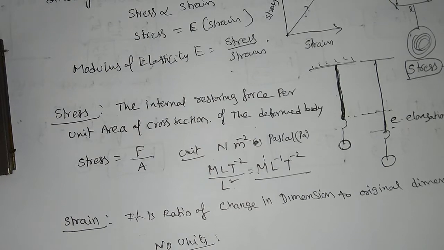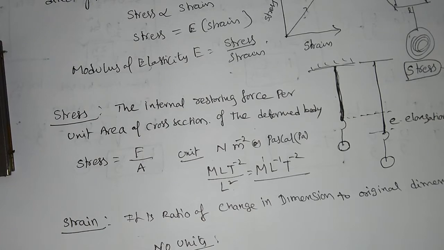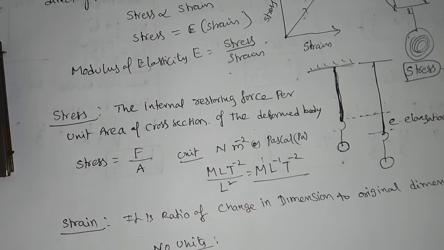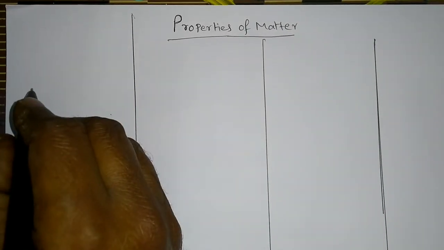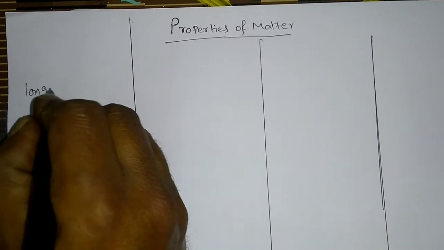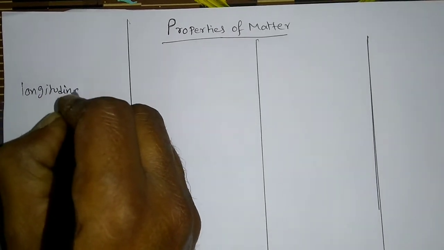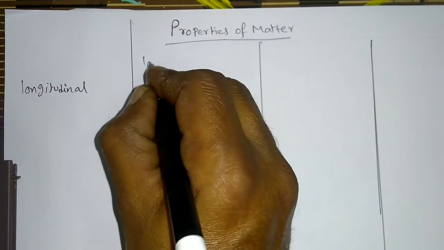Now we are going to discuss the types of stresses and the types of strain and the relation between them in a single view. First is longitudinal, that is lengthwise. Say this is longitudinal stress.